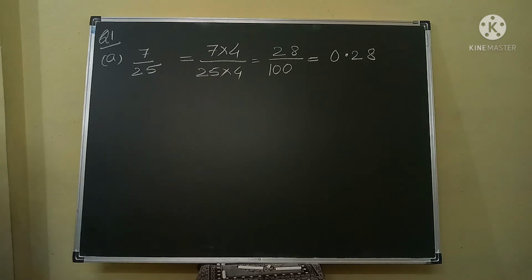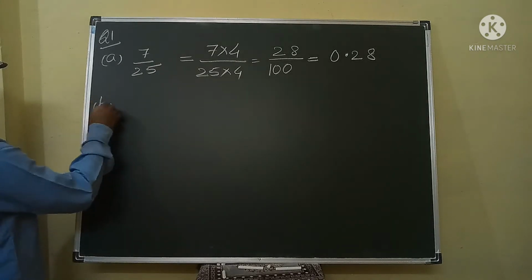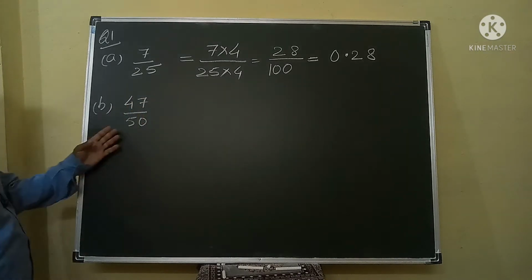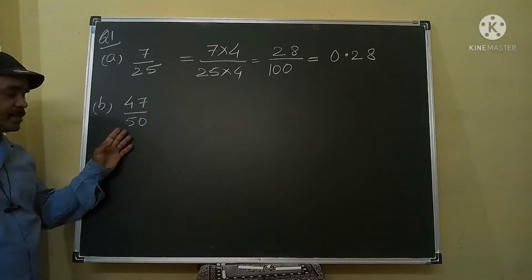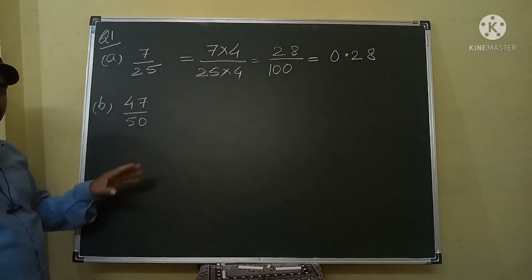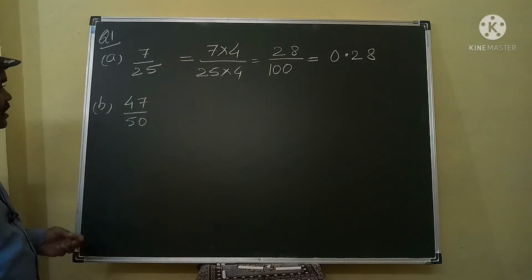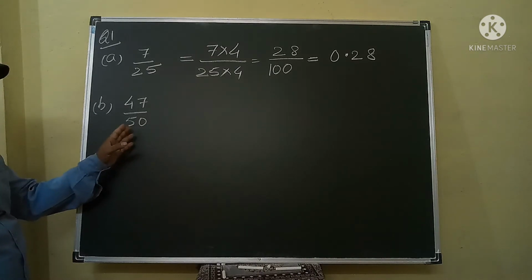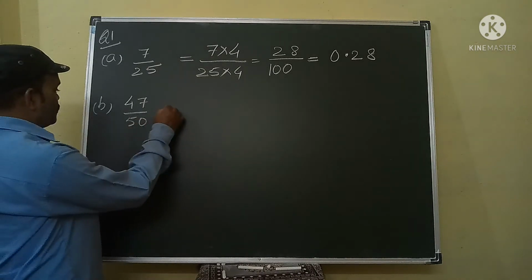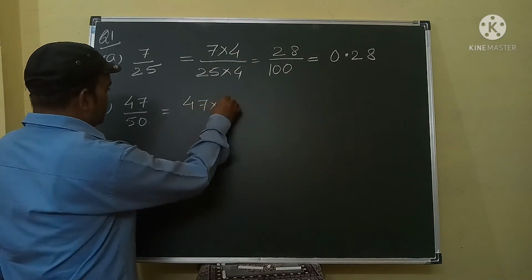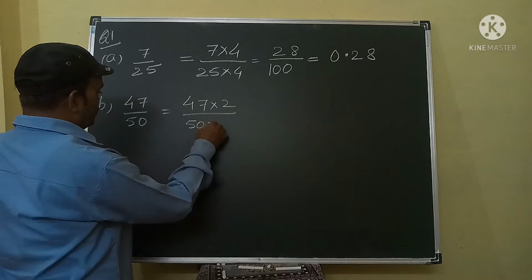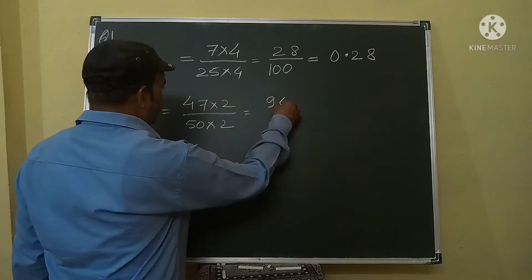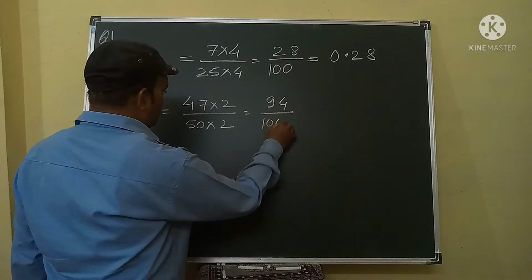Again, your question is question number B, 47 upon 50. So what will we do? 50 is in the denominator, and the denominator we will convert to 10, 100, 1000 and so on. It is very easy. 50 we will convert to 100. So we multiply the numerator and denominator by 2. 47 becomes 94, 50 becomes 100.